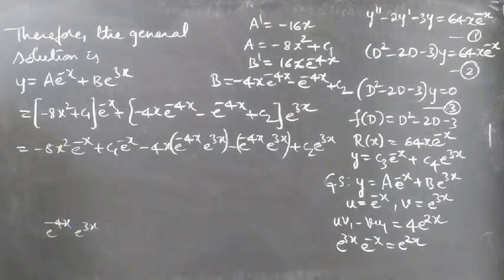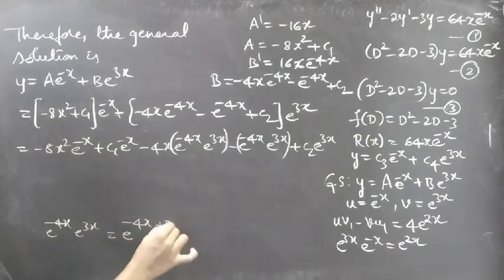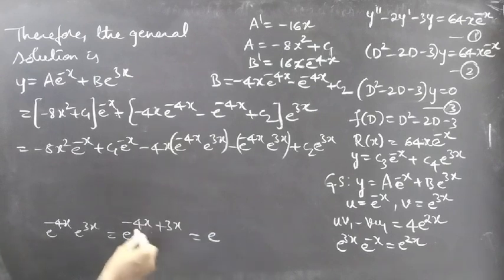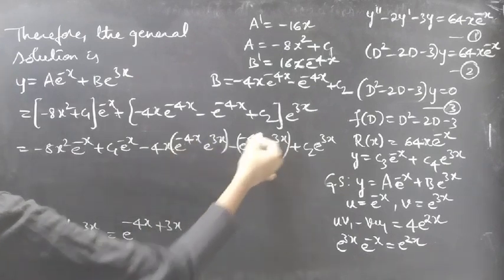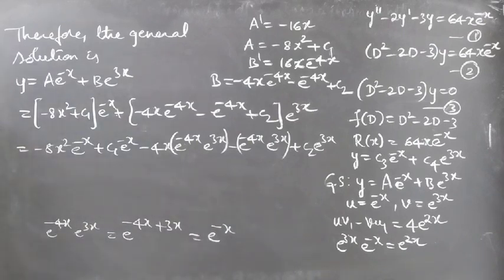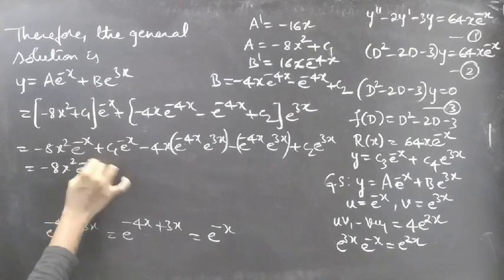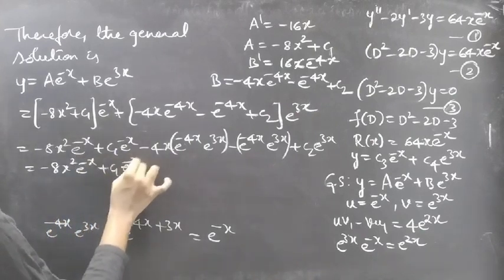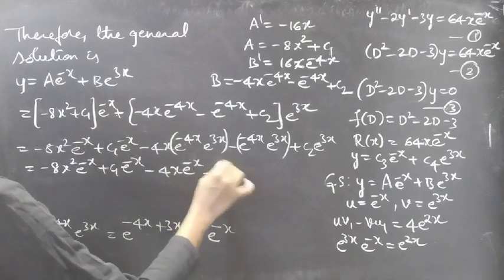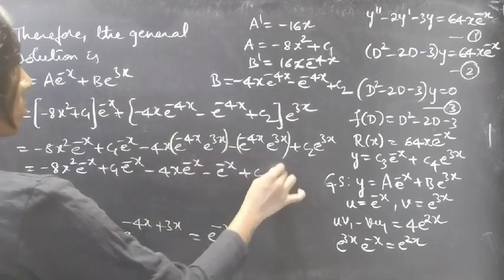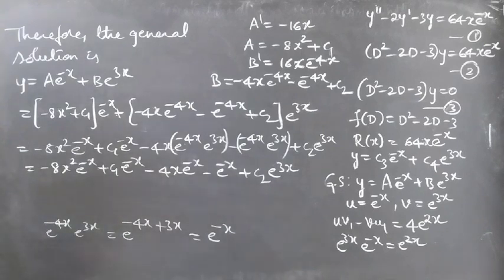We can write e power minus 4x into e power 3x as e power minus 4x plus 3x, which gives us e power minus x. Just replace this term by e power minus x, then this gives us minus 8x square e power minus x plus c1 e power minus x minus 4x e power minus x minus e power minus x plus c2 e power 3x, right?